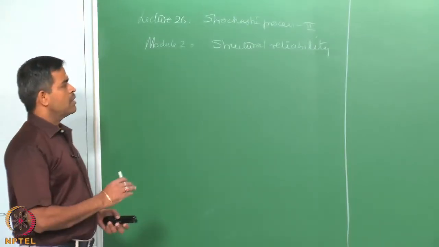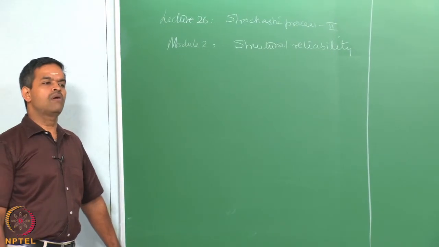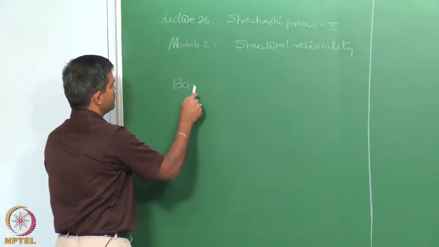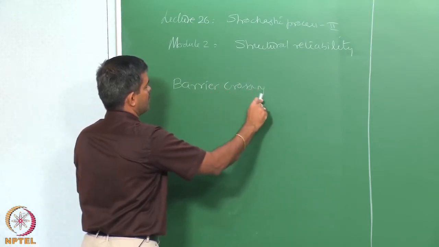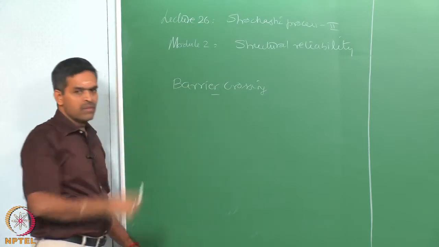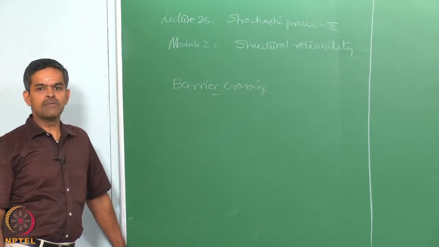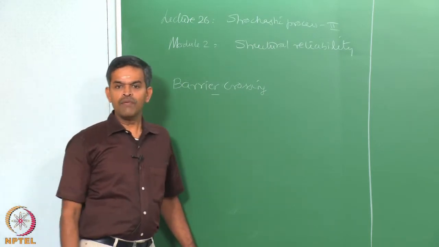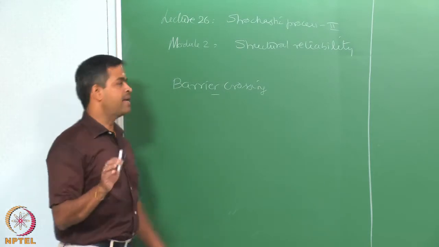One important issue related to stochastic process is what we call barrier crossing. Now, what is a barrier crossing issue? For a stochastic process, it is very important to know the number of crossings of a given threshold value, what we call barrier.